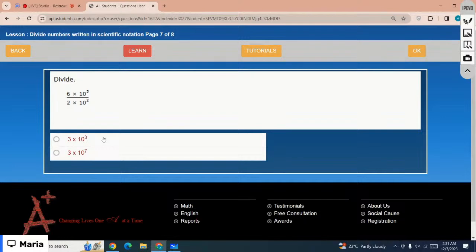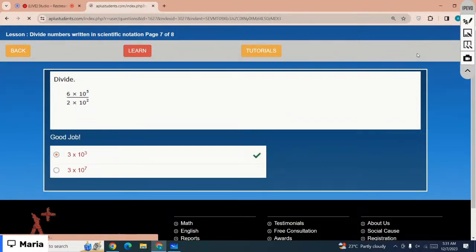Yes, the correct option is option number 1, that is 3 times 10 exponent 3, right?